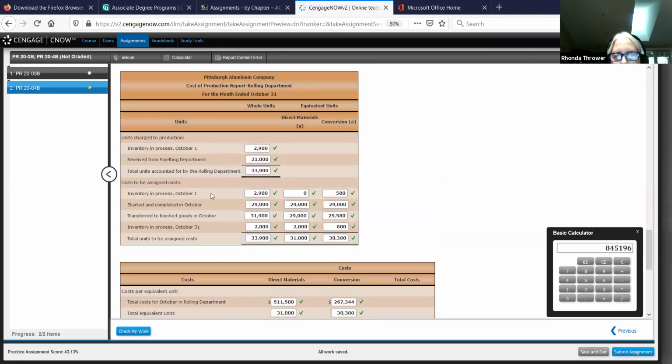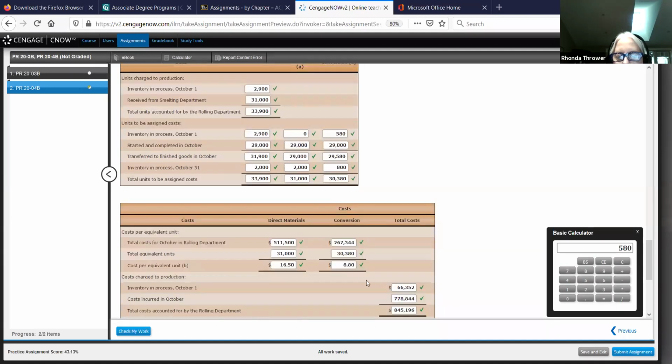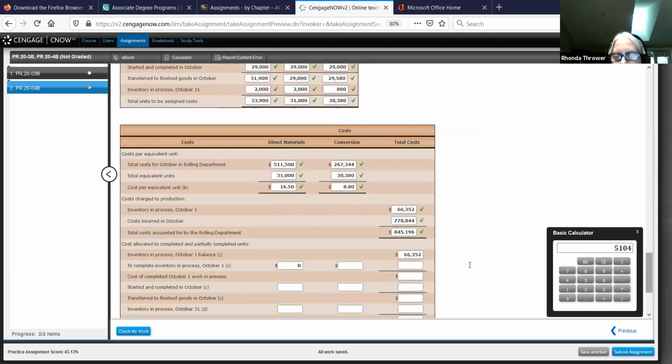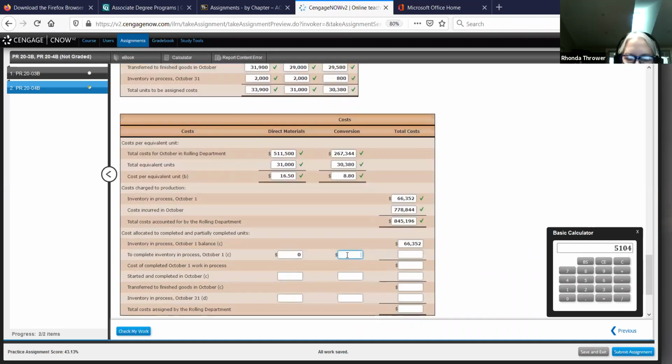Our beginning inventory conversion units was 580 units. 580 times my conversion cost per unit of $8.80 will give you 5,104.